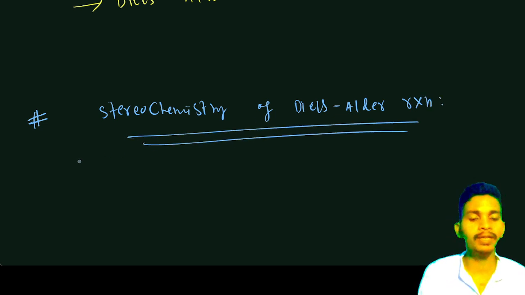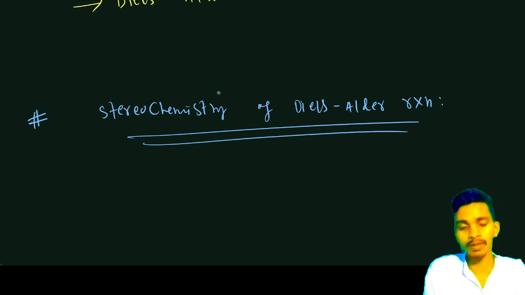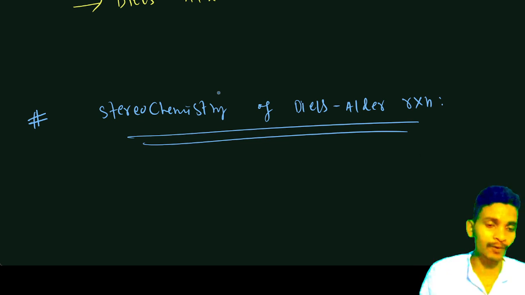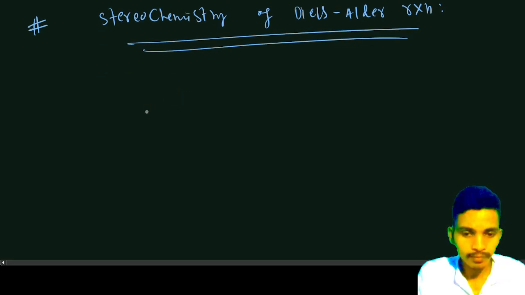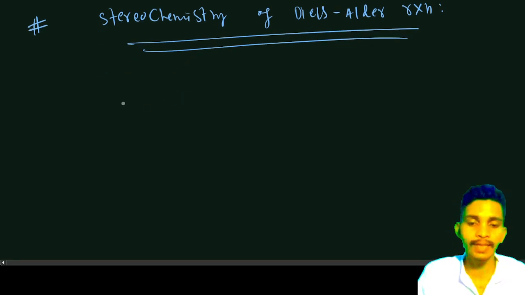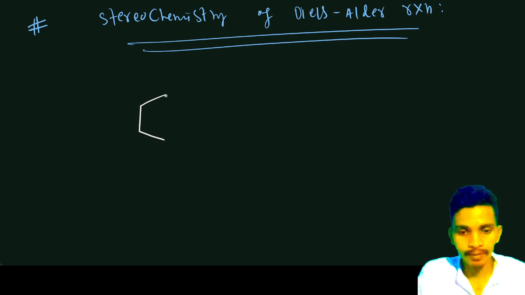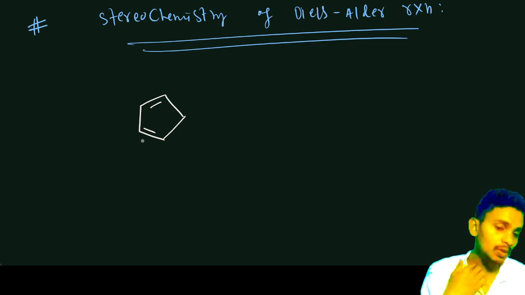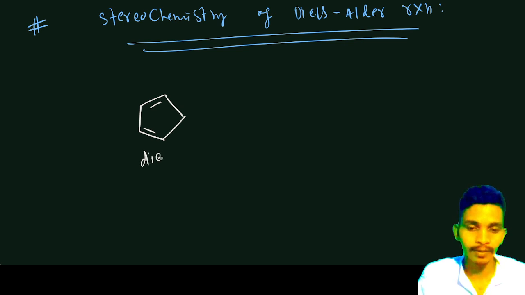This part is very important from the CSIR NET and GATE point of view. So first we will see what the substrates for the Diels-Alder reactions are. One is the diene. The diene can be this, and this also is a diene, where the two double bonds are in conjugation.